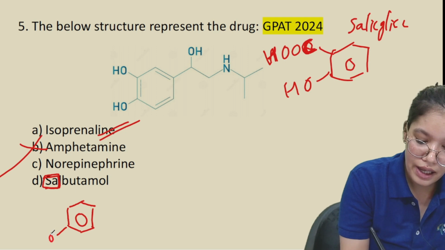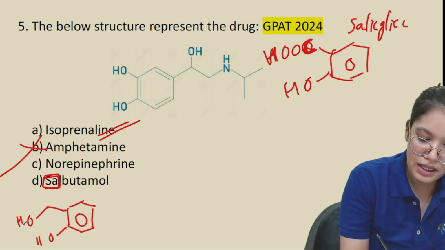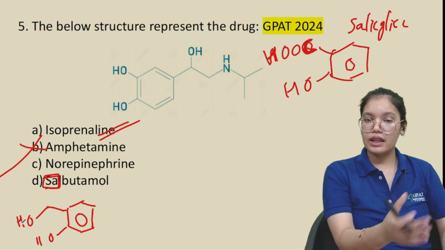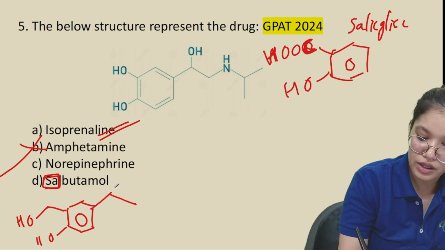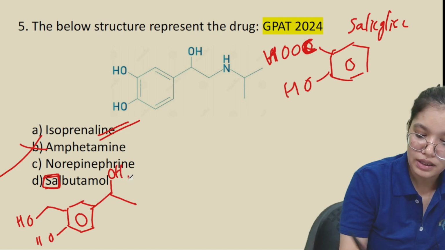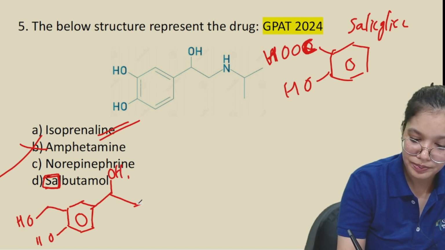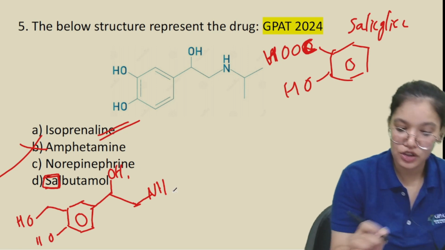It contains an OH here and CH2OH here, so this ring is present in salbutamol. The rest of the structure is similar to the normal one with 2NH.